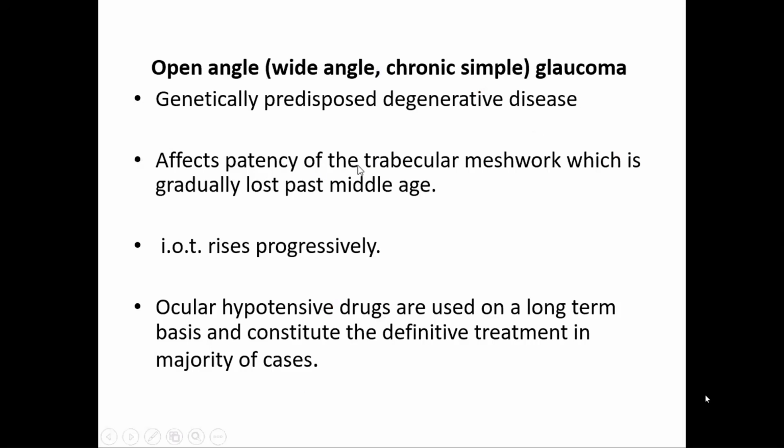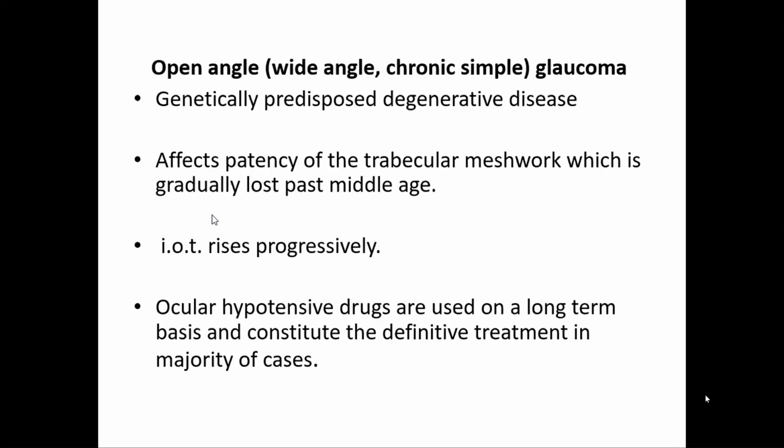It affects the patency of the trabecular meshwork, which is gradually lost past the middle age of the patient, and the IOP increases progressively because there is a decrease in drainage of the aqueous humor via the trabecular meshwork.